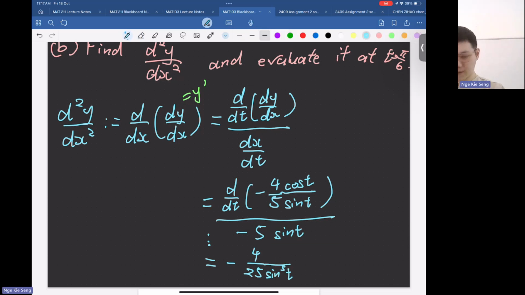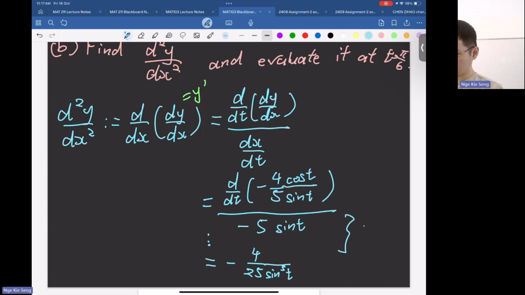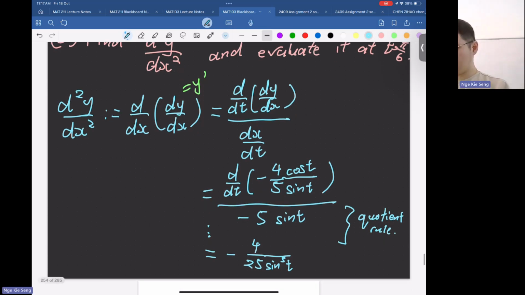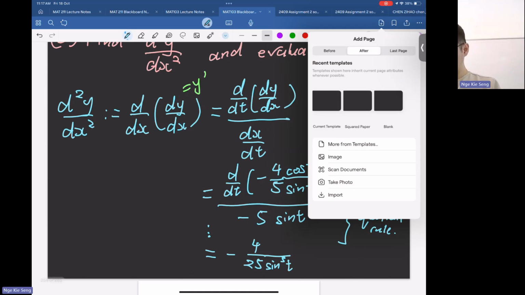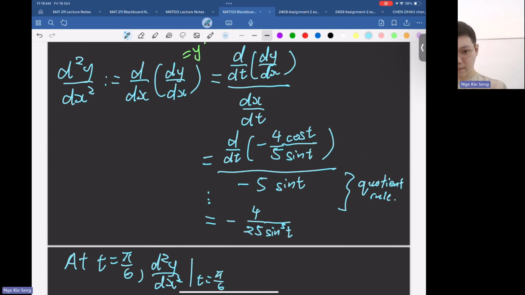Try going through the quotient rule here, you should see the calculation. To evaluate, you just plug in t to be pi over 6. At t equals pi over 6, d²y/dx² is negative 32 over 35.